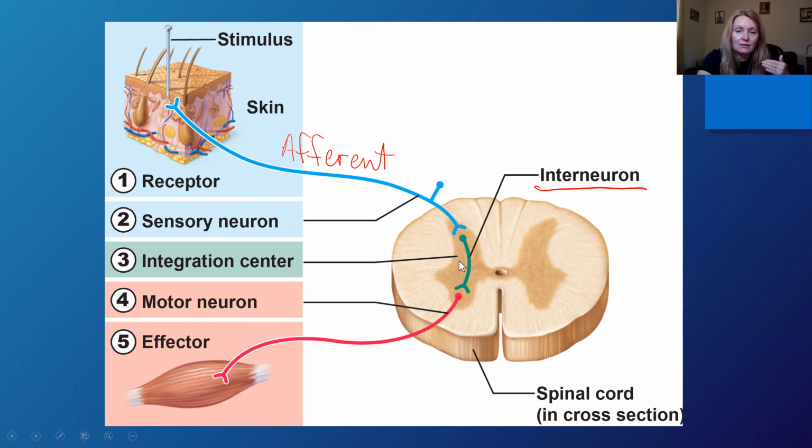And now the signal is sent to a motor neuron or efferent. And that efferent neuron innervates your skeletal muscles, and skeletal muscles are effectors. And you will move your body part away from this painful stimulus. Right, so you can also see how we have the sensory neurons that are unipolar, and this would be in this ganglion.